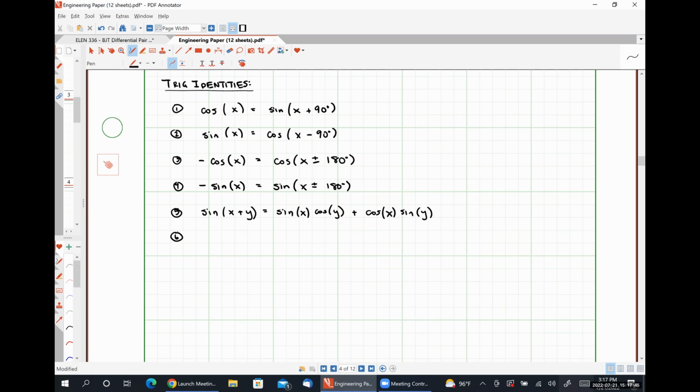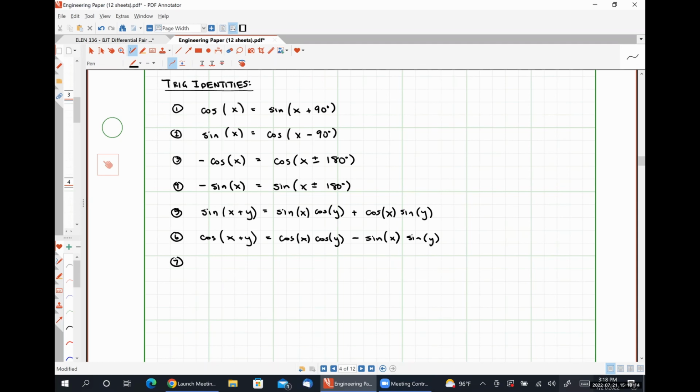Sixth identity will be cosine x plus y is equal to cosine x cosine y minus sine x sine y.